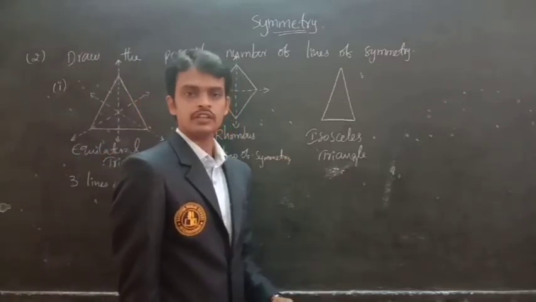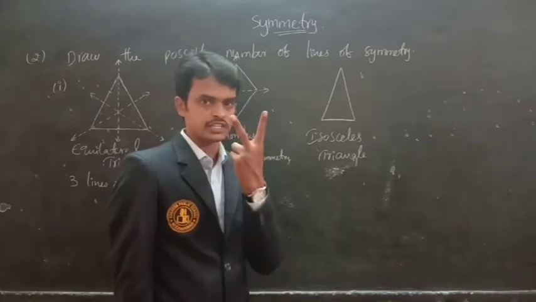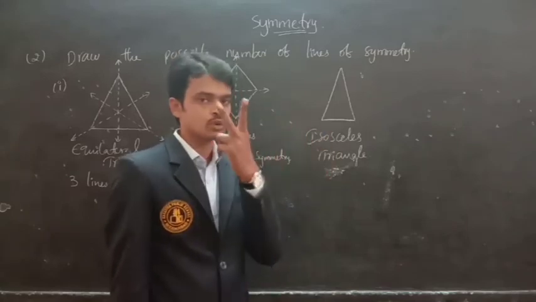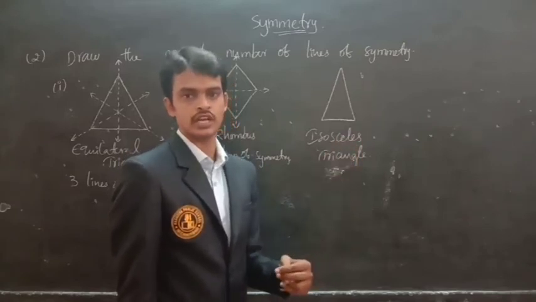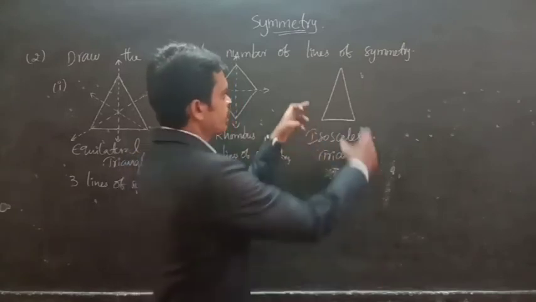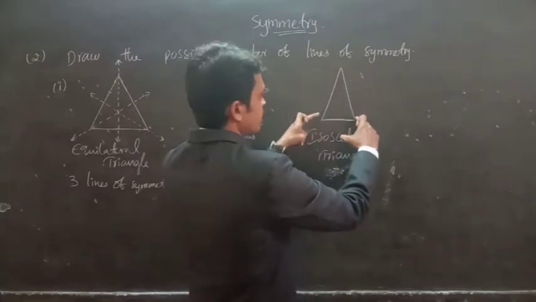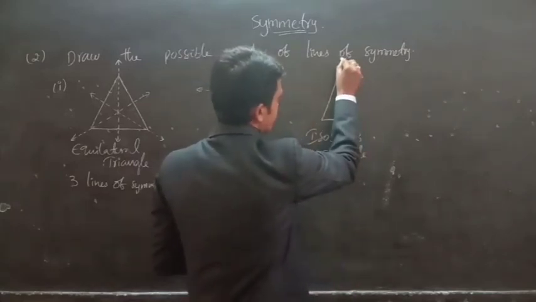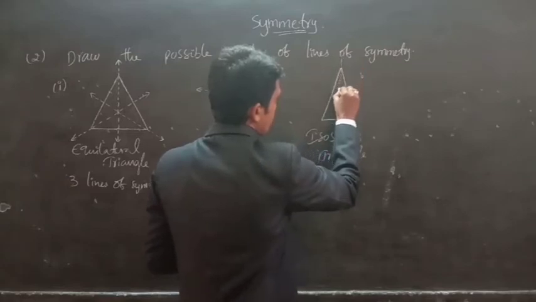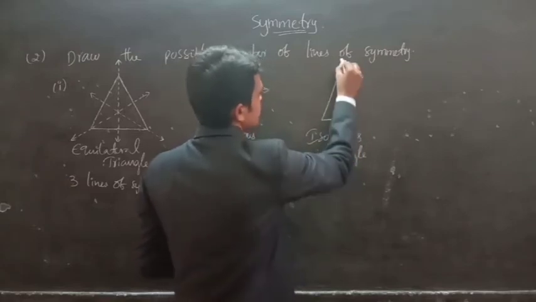Next, the isosceles triangle. A triangle with 2 sides equal is called an isosceles triangle. Look here, these 2 sides are equal. We can divide this isosceles triangle using a vertical line of symmetry into 2 parts.